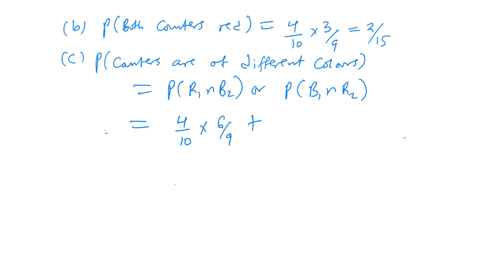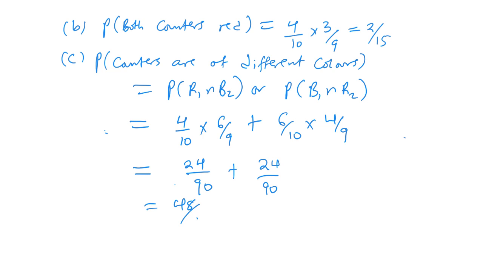Okay, plus, the first is black, that is 6 over 10 times 4 over 9, and this gives us 24 out of 90 plus 24 over 90, which is 48 over 90. You can reduce this in the lowest terms if you want.